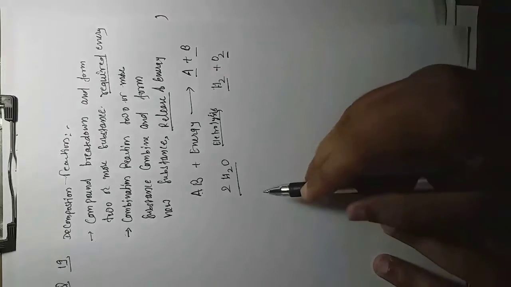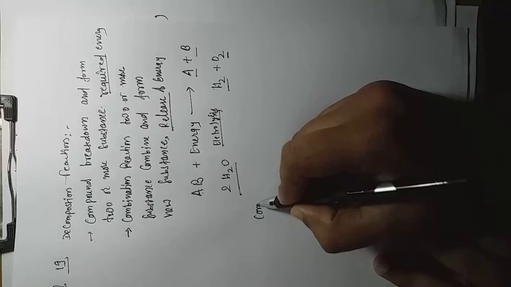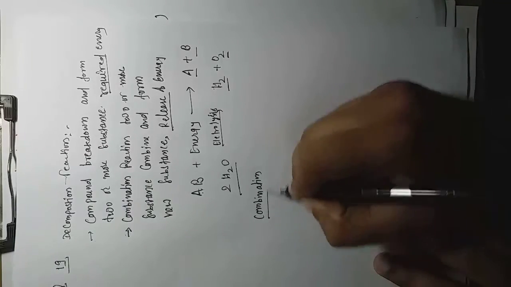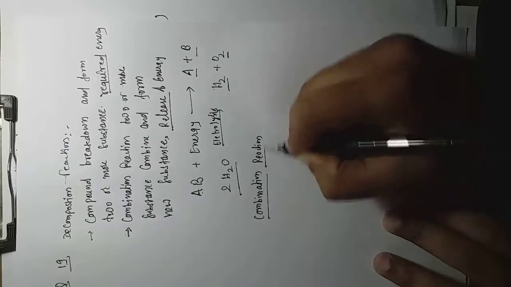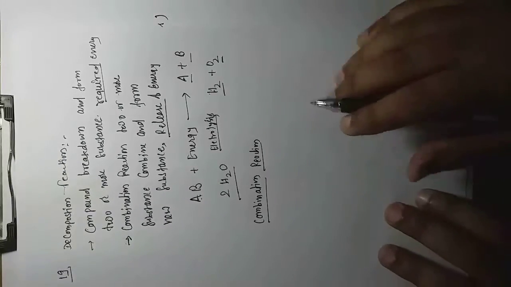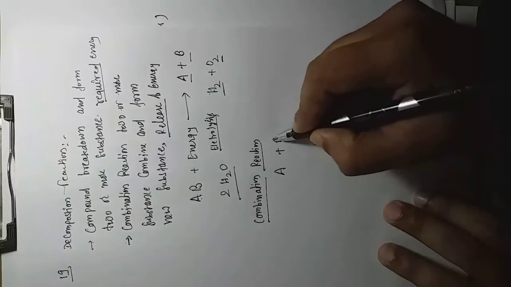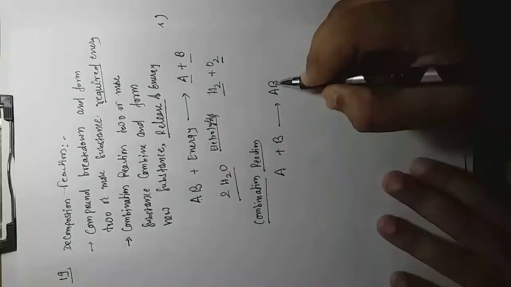But in the case of a combination reaction, you can show an example too. Whenever this type of explanatory question comes with more marks, write: when A reacts with B, it gives product AB plus energy.